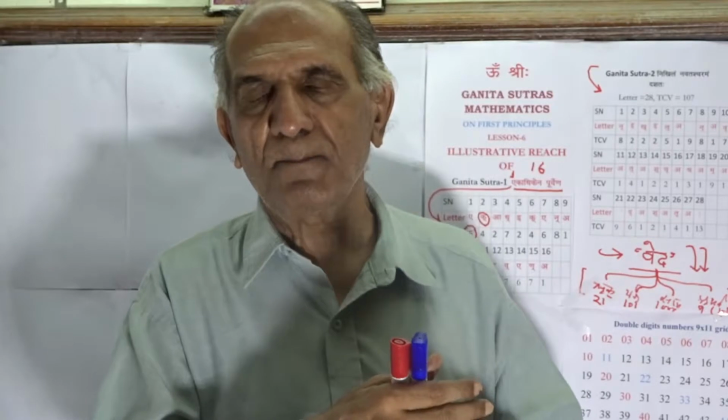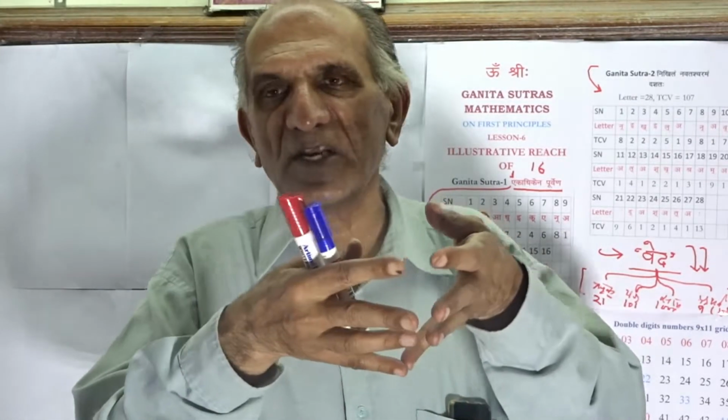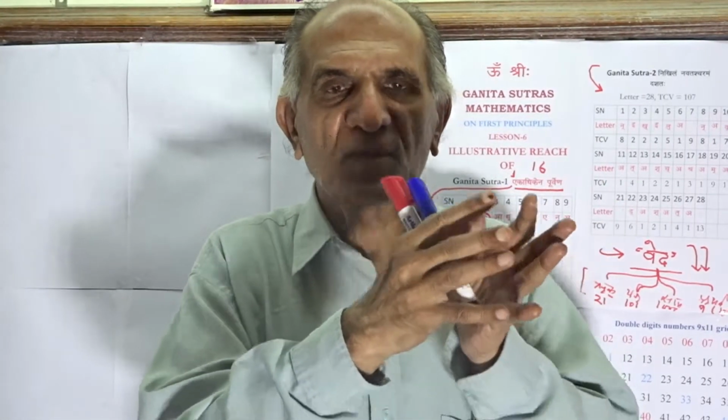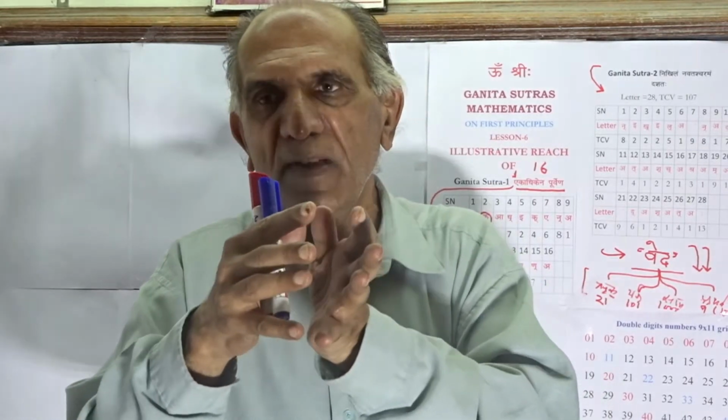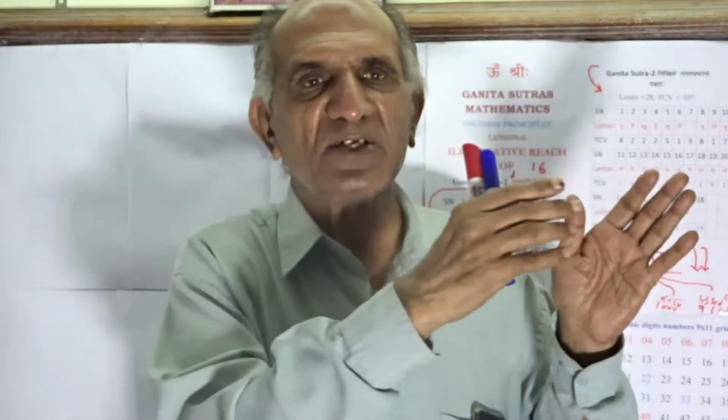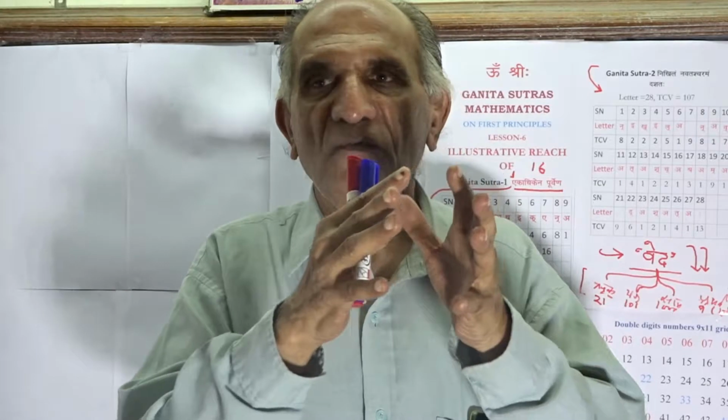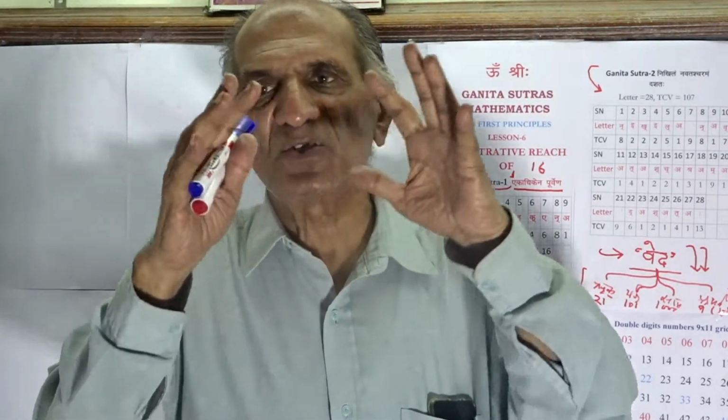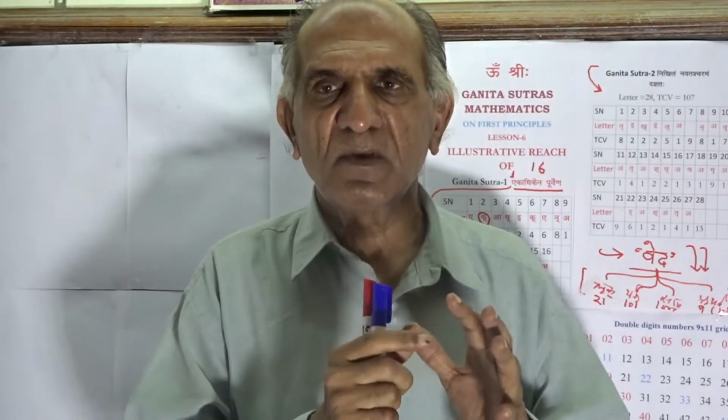Now, from today, we are simultaneously focusing upon the illustrative reach. Step by step, sequentially, we will be taking up the illustrative reach of Ganita Sutra 1 as the source formulation.